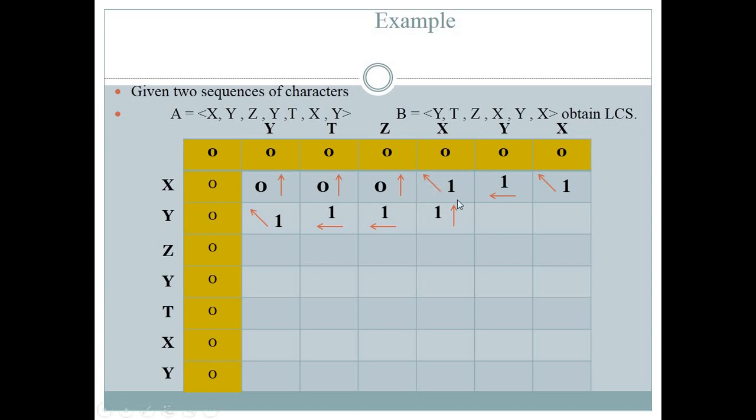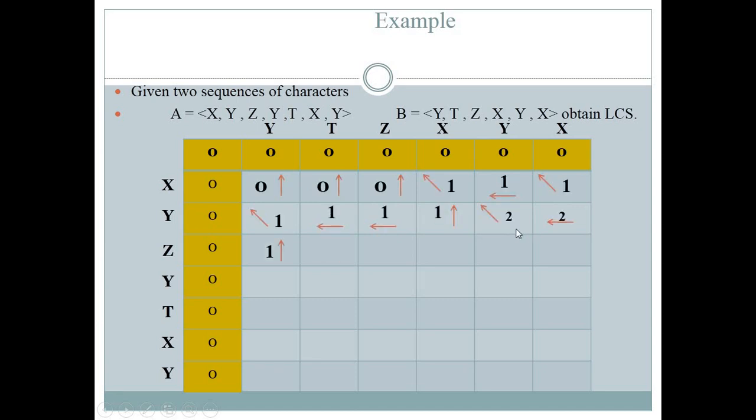Its diagonal is 1. So we will add 1 to its diagonal, so it will become 1 plus 1, 2, with the tilde sign. Why? Because y is matching here. After that, y and x are not matching, so we will check its above value 1 and left hand side value 2. So we will take reference from the left hand side and put 2 in this cell. So these are the 2 rows of x and y.